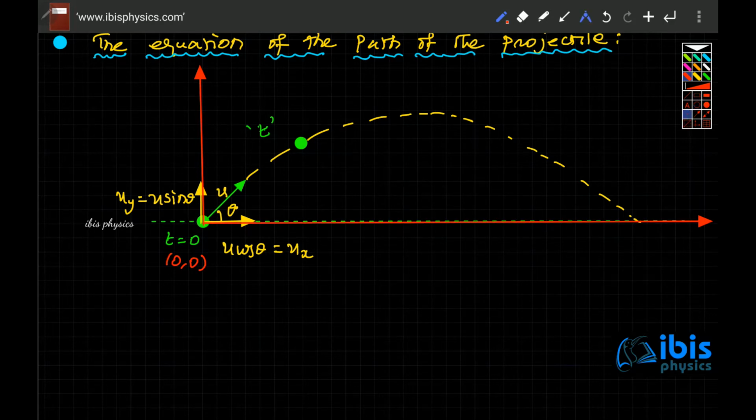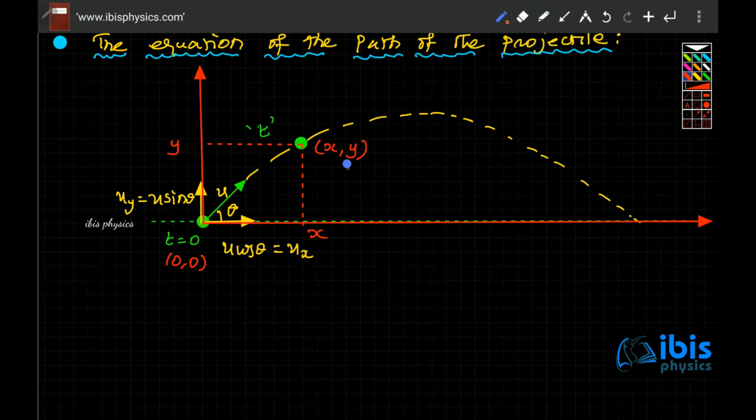The corresponding point on this axis, let us say, is x. The corresponding point here is y. So this is x and this is y. The position of the particle can be termed as x comma y. Let us try to find out what is x and what is y. x is the horizontal distance, y is the vertical distance.